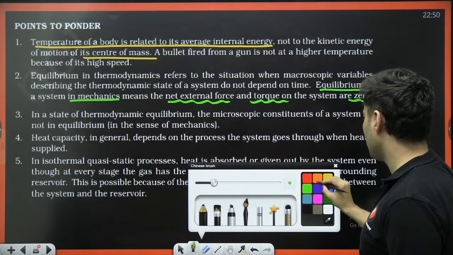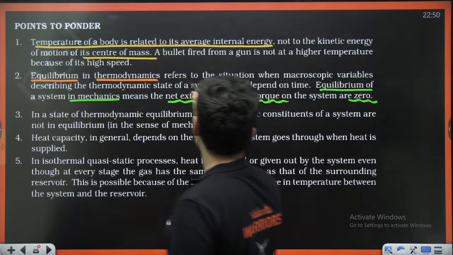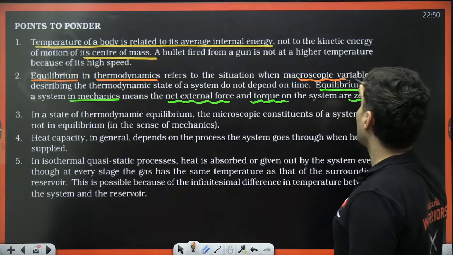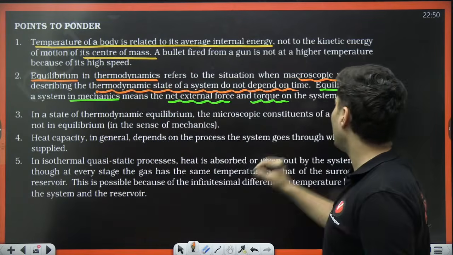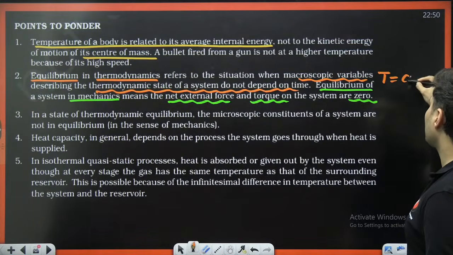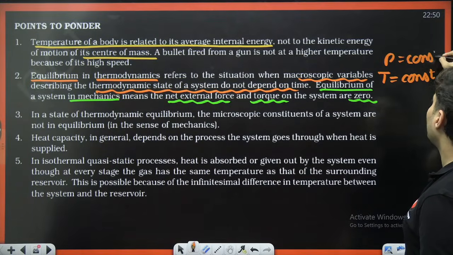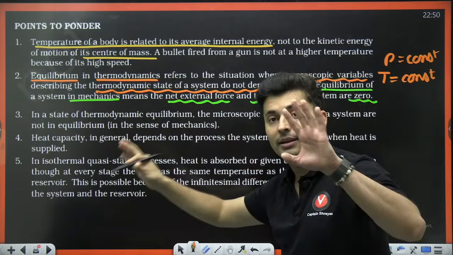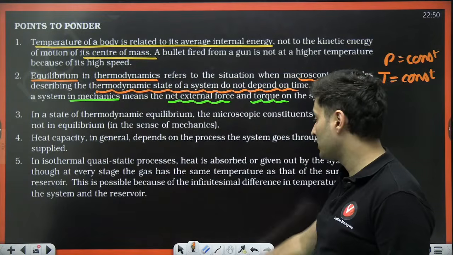Whereas equilibrium in thermodynamics means the macroscopic variables are in a state which does not depend on time, meaning the temperature is constant, pressure is constant, volume is constant. It is not changing with time. Do not confuse the two equilibriums in mechanics and in thermodynamics.